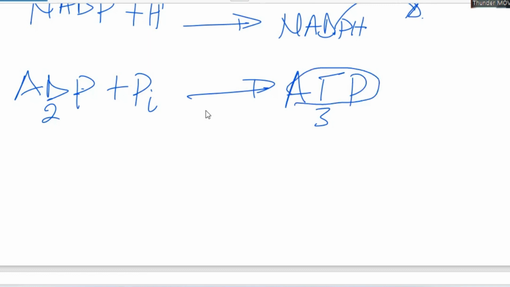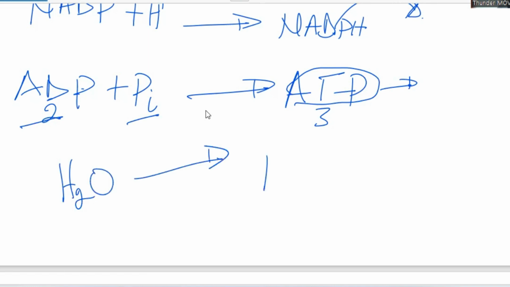So if you have this, plus this, you form this. This is the energy which we use. But this ATP cannot form unless the light is there. So the light has 2 functions. The first one is to carry out photolysis, to split the water so that it forms hydrogen ion, which combines with NADP to form NADPH.